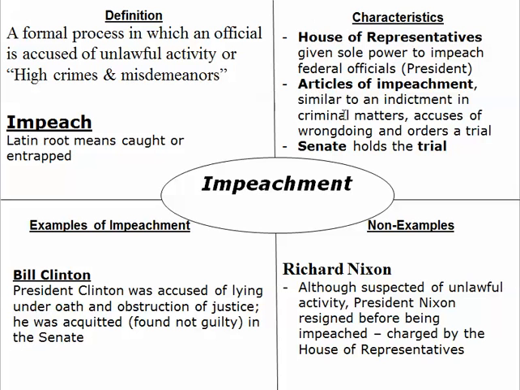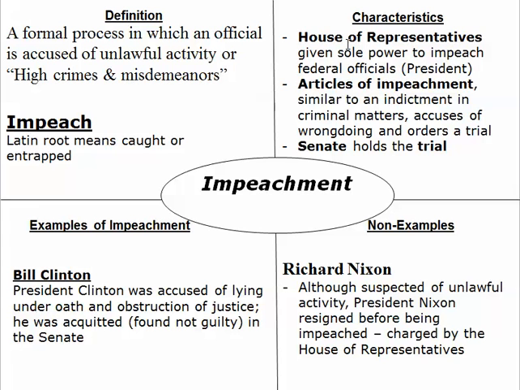The characteristics of the impeachment process under the Constitution give the sole power of impeachment, that is, accusing a federal official, especially the president, of doing something wrong, to the House of Representatives.